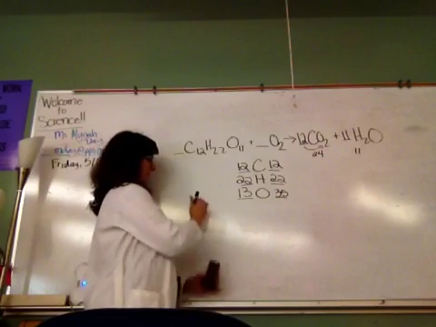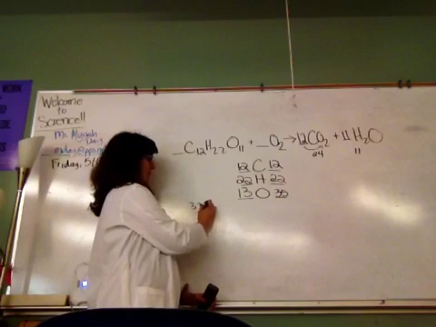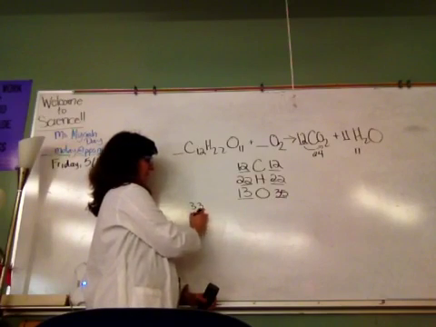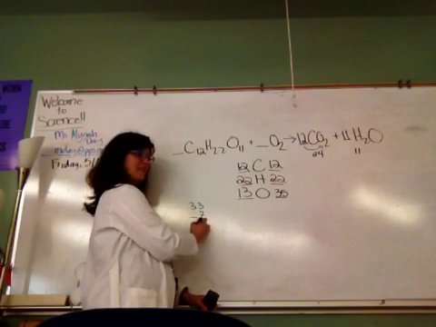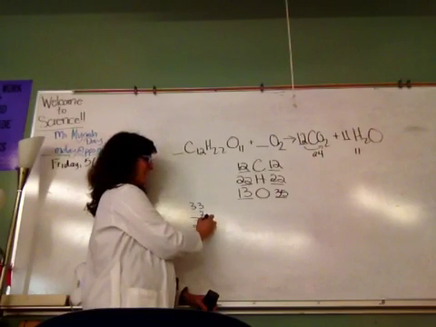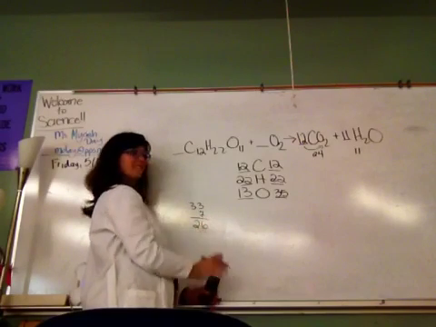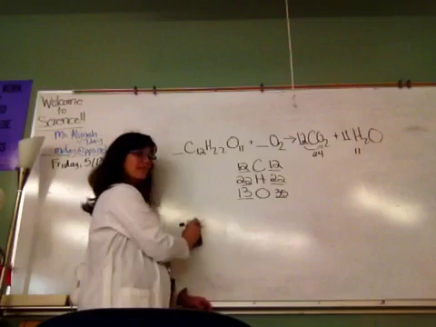If you got 33 minus 7, you've got 26. You got it. So there's just a little thing there.